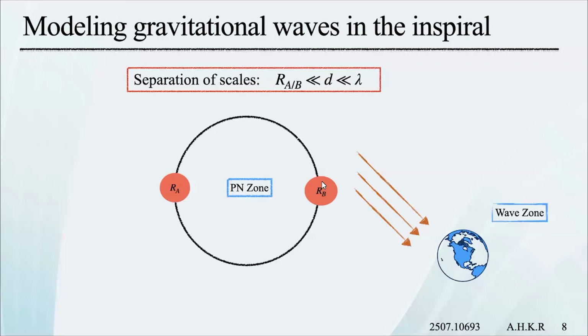And finally, if you'd actually like to know what the object is, then you have to model the microphysics. So you describe the structure of the object in the body zone, and then you match it to the post-Newtonian zone to get what the multipolar structure of the object is. So this is the three levels of modeling that is done.